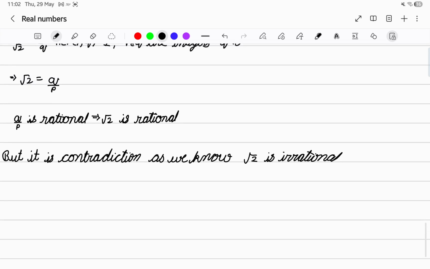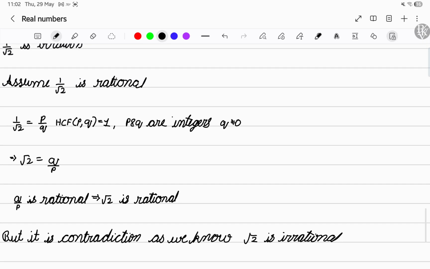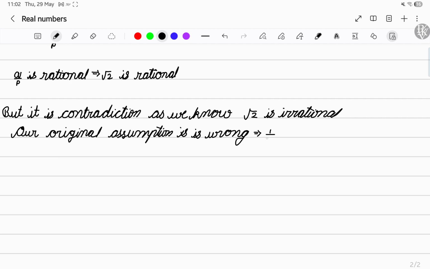And since root 2 is irrational and these are implying that root 2 is rational, our original assumption is wrong. Okay, and that implies that 1 by root 2 is irrational.